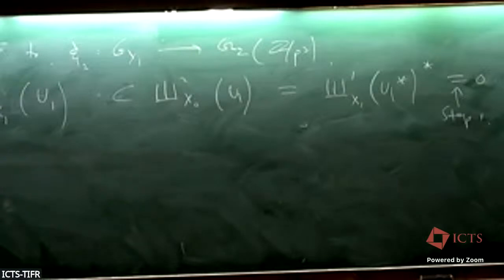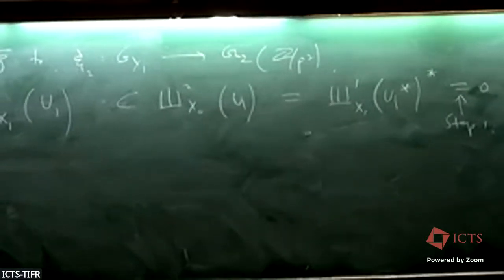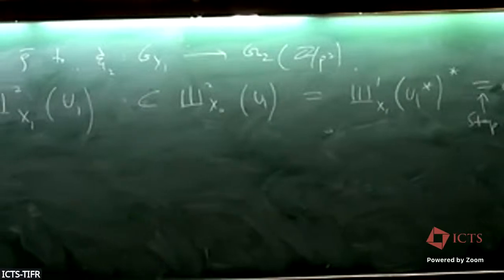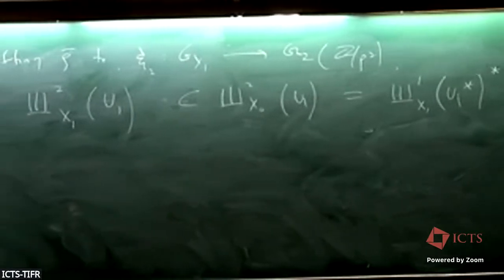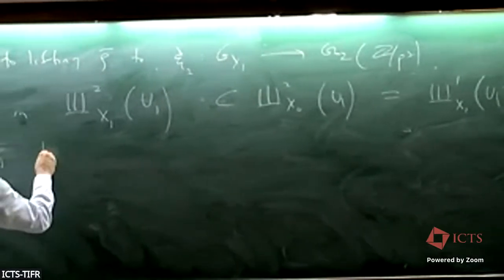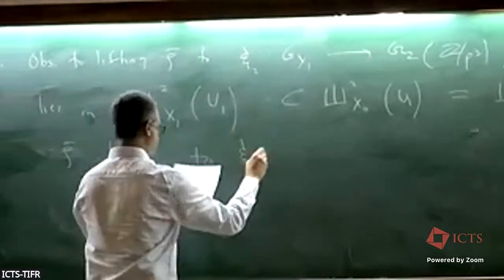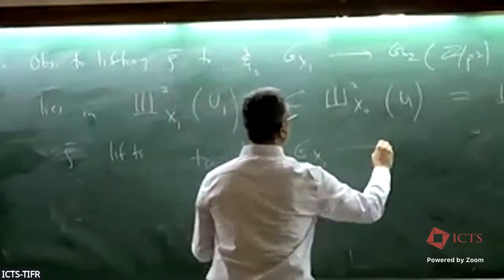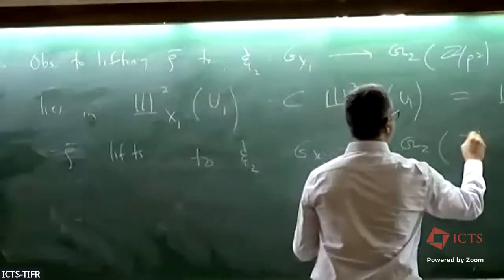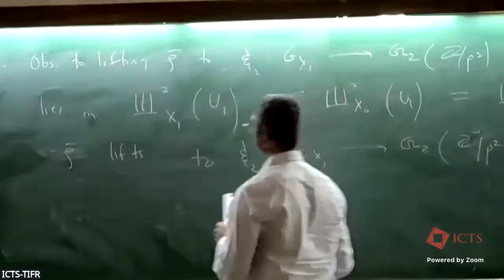So the obstruction lies in some Tate-Poitou group, which vanishes, so you can lift it. So rho bar, let me repeat it, it's not a waste of time. So this part is not so bad.